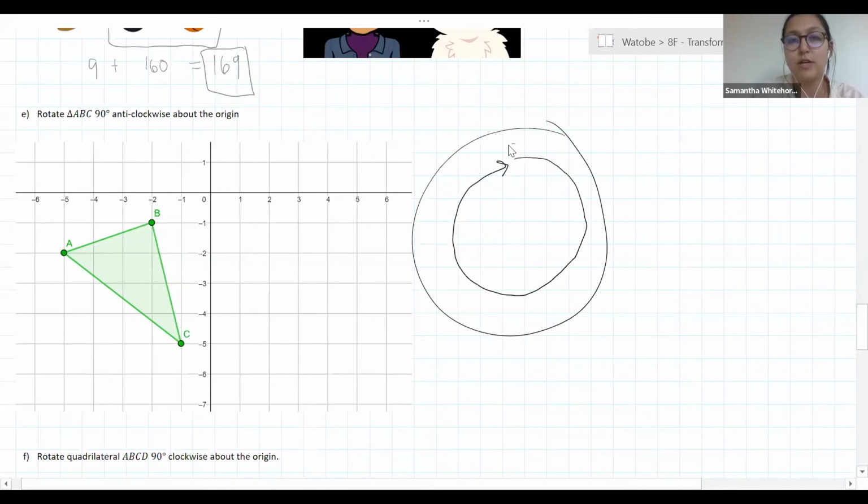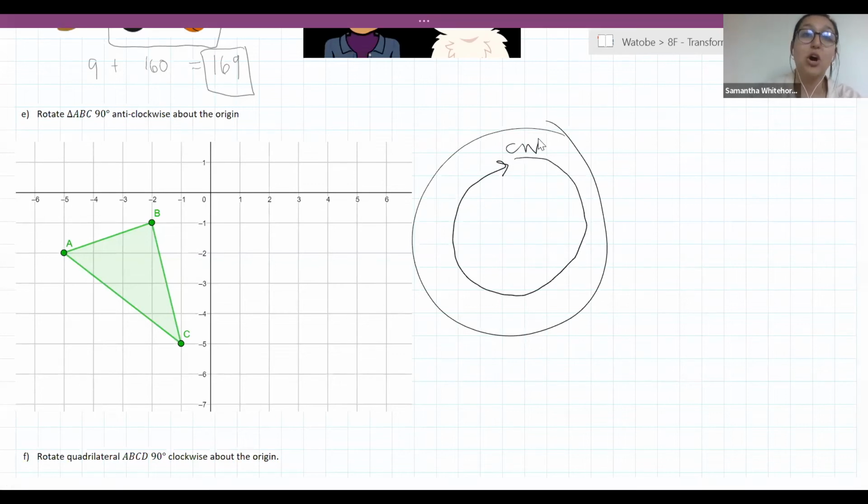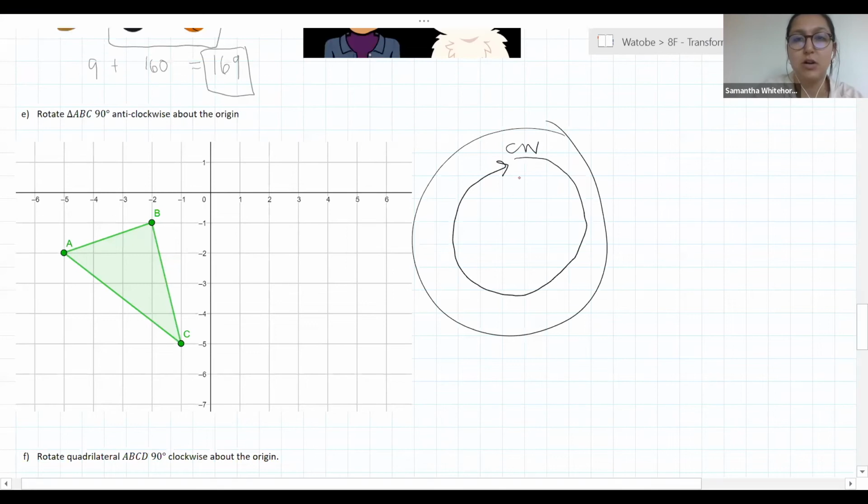So in this direction, CW means clockwise, which means that the opposite direction is anti-clockwise. So going the other way around the circle is counterclockwise or anti-clockwise. So basically what this means is that this triangle needs to move this way for 90 degrees.